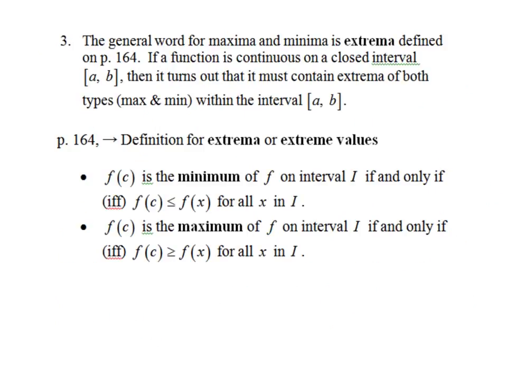So when we want to refer to maxima and minima, that's the plural, of course, for maximum and minimum, when we want to refer to them in general, we talk about extrema. That is just the general word that encompasses both ideas, okay? And we're going to be taking a look at the fact that if we have a function that's continuous on some closed interval, it must contain extrema of both types, max and min, within that interval.